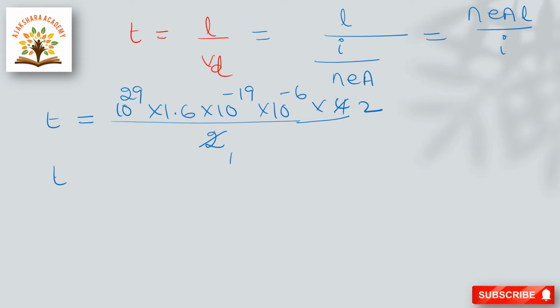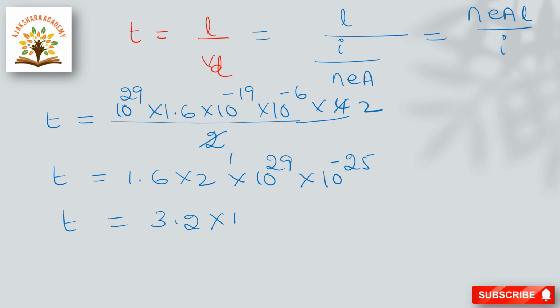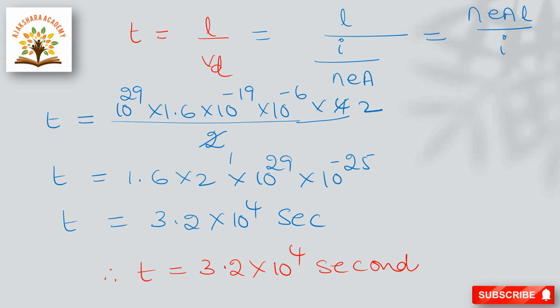So t is equal to 1.6 into 2 into 10 to the power of 29 minus 19 minus 6, that is 10 to the power of 4. So t is equal to 1.6 into 2, 3.2 into 10 to the power of 4 seconds. This is time taken. So therefore t is equal to 3.2 into 10 to the power of 4 seconds.